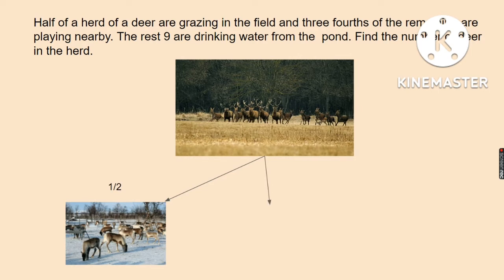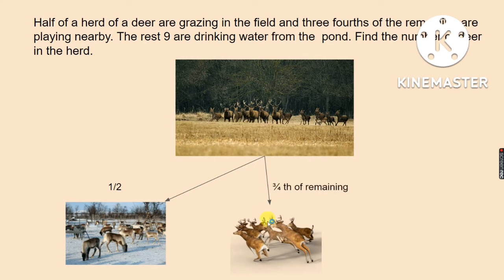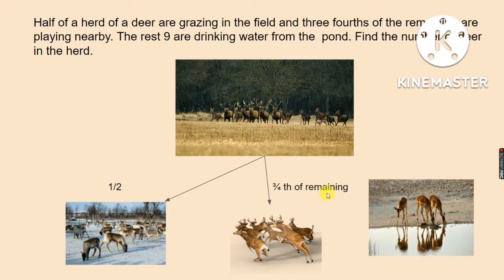If these are half, then the remaining would be half. From those half, 3/4 are playing nearby. 3/4 of the remaining means 3/4 of half of the deer are playing nearby, and the rest are 9 in number, and those are drinking water from the pond.